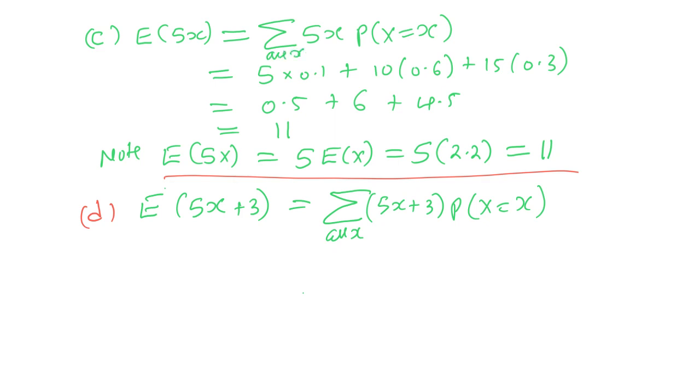So what is it? When x is equal to 1, that's 5, plus 3, so we shall have 8 into 0.1, plus x equal to 2, that will be 13 into 0.6, and x equal to 3, that will be 5x, which is 15, plus 3 is 18 times 0.3.